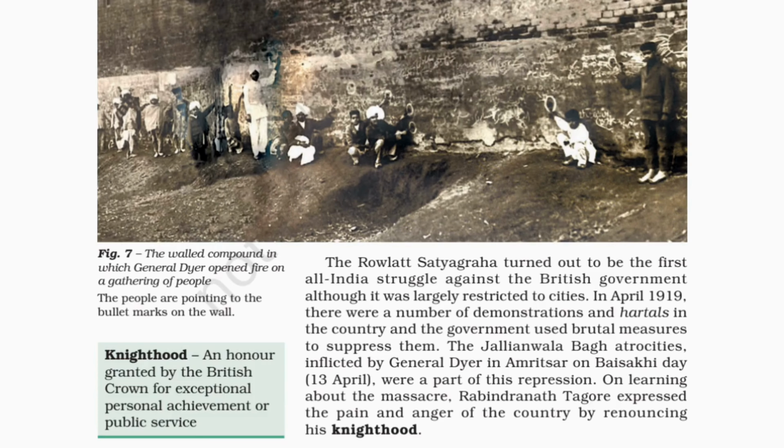The Jallianwala Bagh atrocities inflicted by General Dyer in Amritsar on Baisakhi Day, 13 April, were a part of this repression. On learning about the massacre, Rabindranath Tagore expressed the pain and anger of the country by renouncing his knighthood. Knighthood means an honor granted by the British crown for exceptional personal achievement or public service. So he gave up his knighthood.